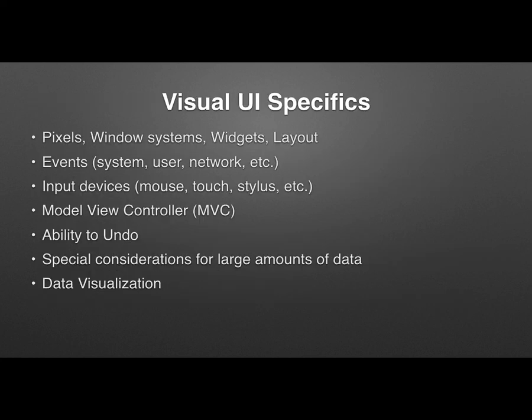So specifically talking about visual user interfaces, like the kind that we have in our projects, there are a few areas to really focus on, and we'll talk about them over the next week or so in some detail. These things are important for HCI, and we can't really just ignore them and work at a higher level.